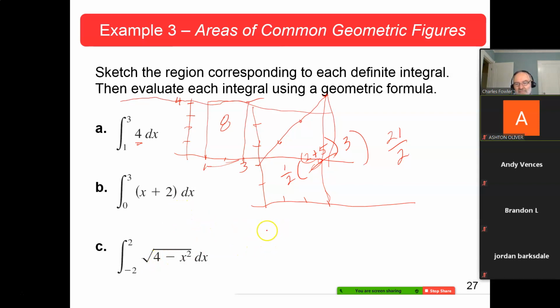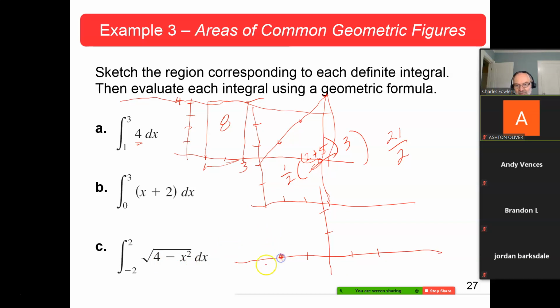Uh-oh, what's that one? Well, we're going from -2 to 2, and we're going up to 2. When x is equal to -2, -2 squared is 4, 4 minus 4 is 0.